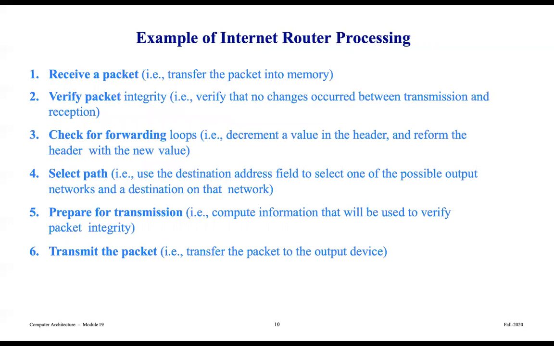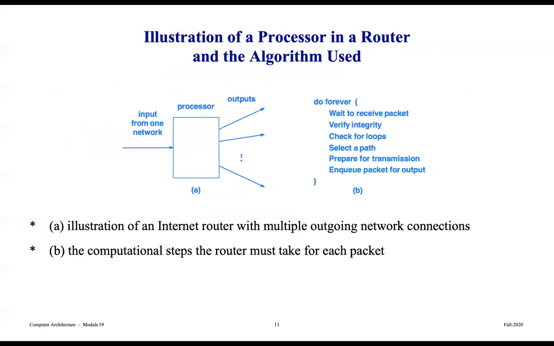Here's an example of internet router processing. First it receives a packet, verifies, checks for forwarding, selects a path, prepares for transmission, and transmits the packet. Those are the things that need to be done.